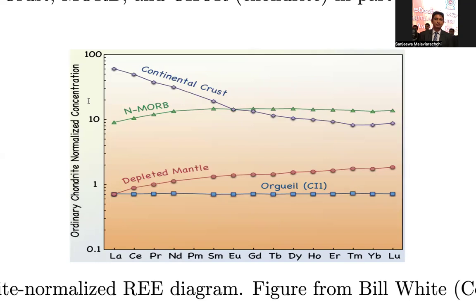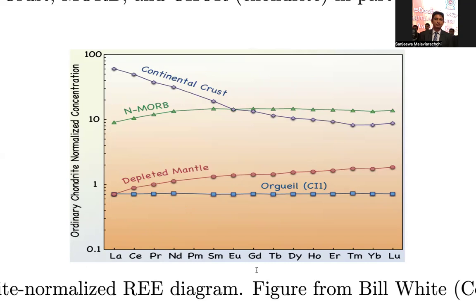So if you draw this diagram, you will see depleted. Okay, let's see the depleted mantle first. Depleted mantle. So actually by the name itself, depleted means incompatible element depleted. So incompatible element depleted means the light rare earth element depleted.